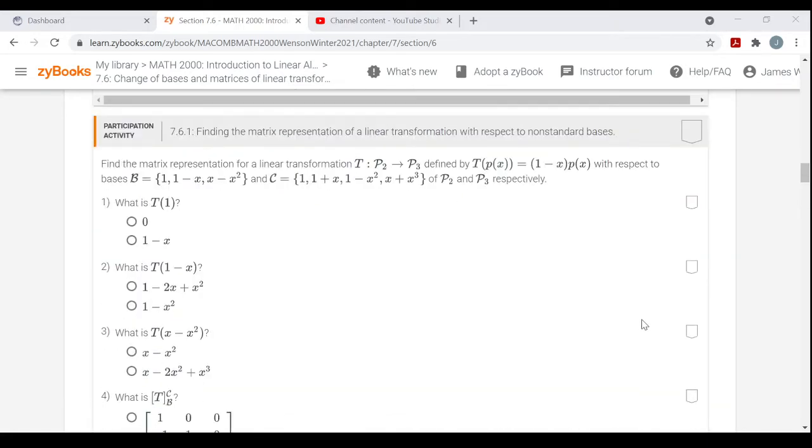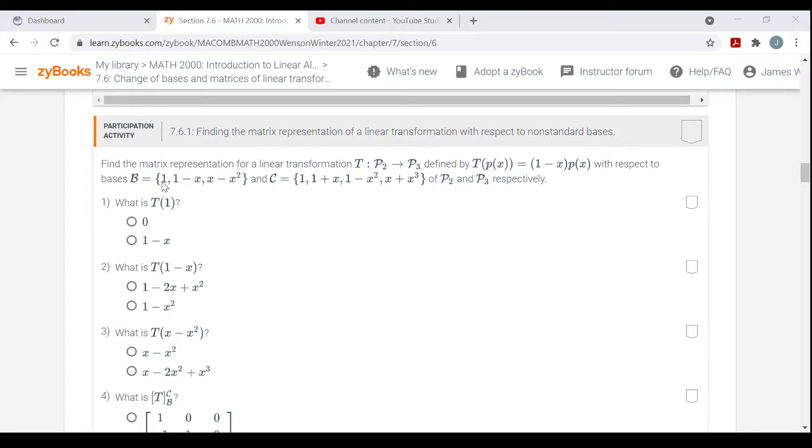All right. So again, here, find the matrix representation for the linear transformation, this time from P2 to P3, defined this way, with respect to basis B and basis C. So B is a basis of the domain, C is a basis of the codomain.